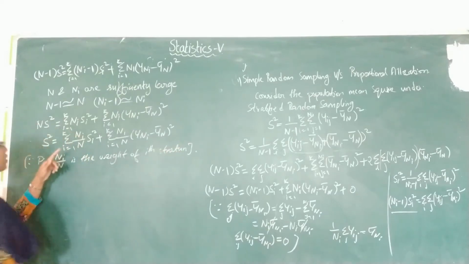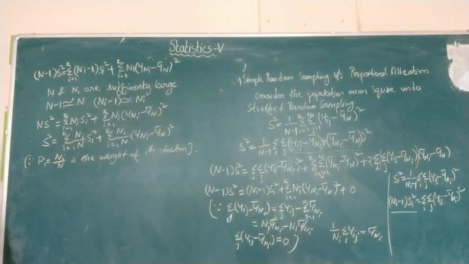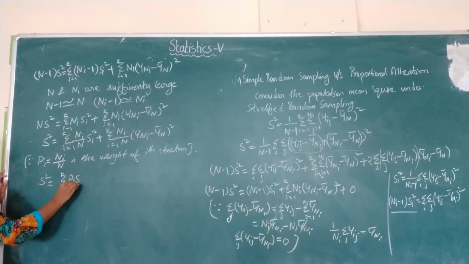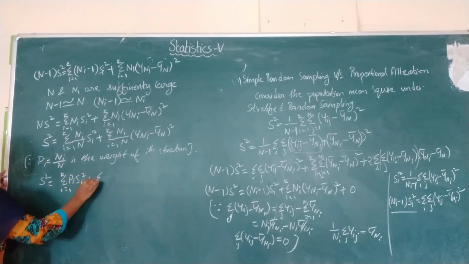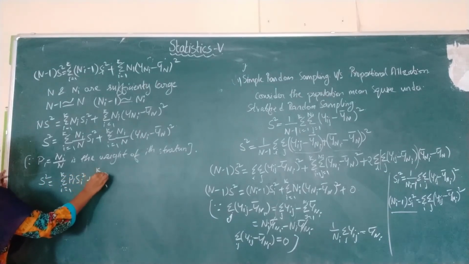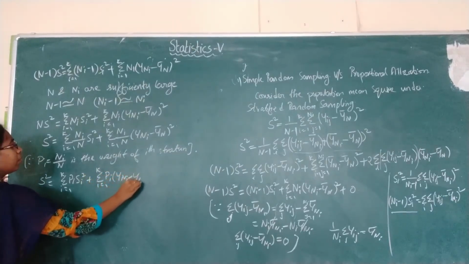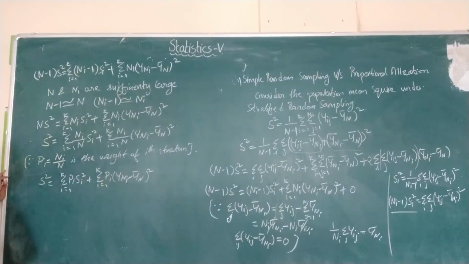Now in place of ni by n, I can substitute pi, so that I get s square equals summation over i equals 1 to k pi si square plus summation over i equals 1 to k pi into (yni bar minus yn bar) whole square.